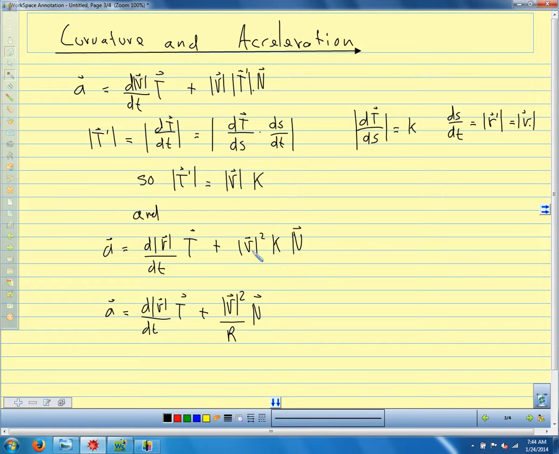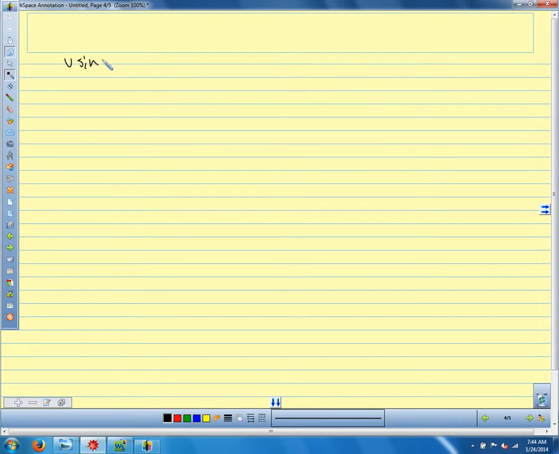Okay, sometimes you'll see acceleration expressed in terms of our arc length parameter. So I just want to write our expression for acceleration if we have a curve parameterized in terms of the arc length.